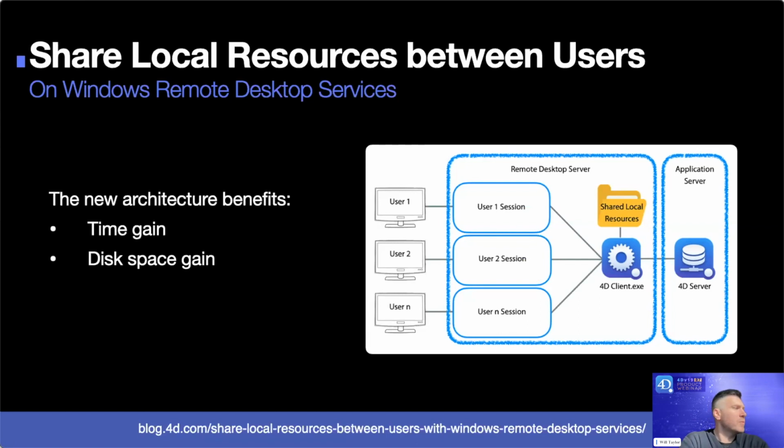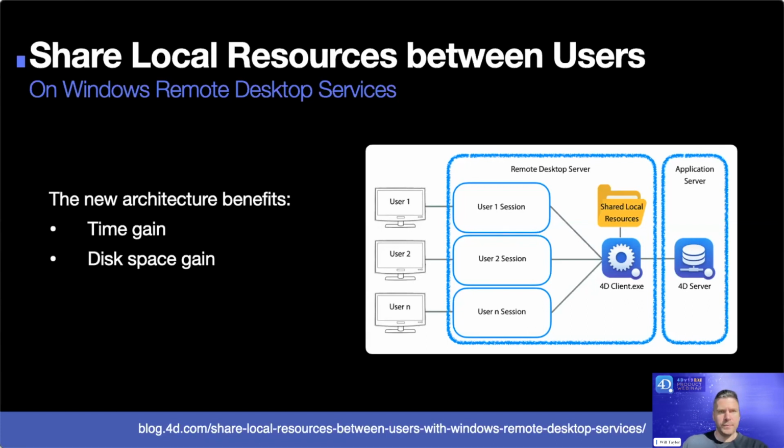So this optimization results in the following: a time gain because the local resources are no longer downloaded from each server by each user, and a disk space gain, since again, local resources are not duplicated for each user in a remote desktop service environment.